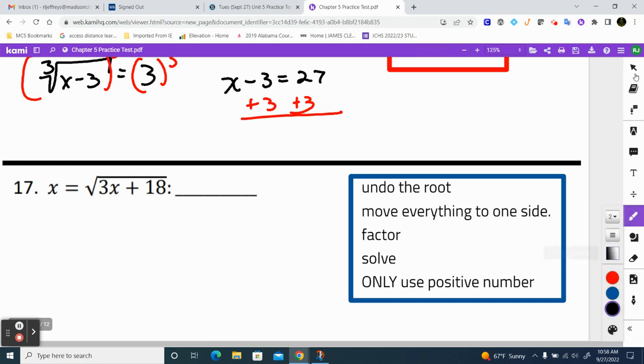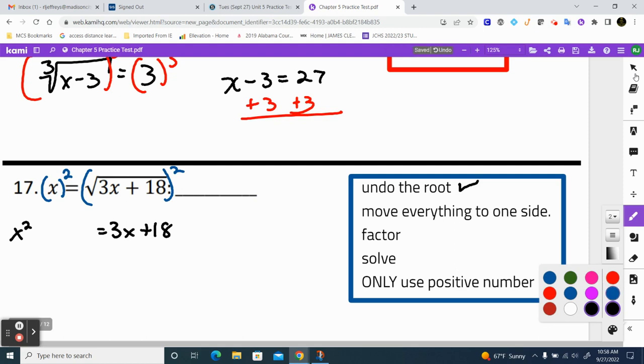There might be some subtext to it. All right. Number 17, we're going to undo the root, so we have to square both sides. Check that box.